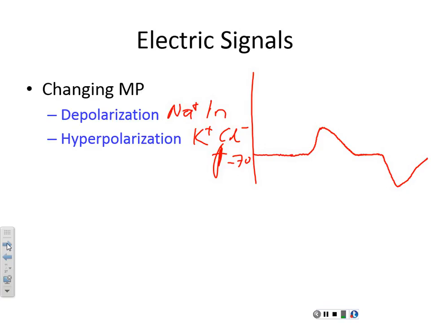And where are they found, in or outside the cell? Outside, because it follows sodium. Sodium chloride, remember salt? They love each other, so they always stay together. Wherever you find sodium, you're going to find chloride. So if you open chloride channels, it's going to move in. Everything always moves down its concentration gradient when you open the gate. So if you know the conditions at rest, if I tell you this gate opens, you know what it's going to do, and you know how it's going to affect the membrane potential. Okay? That's how you work it out.